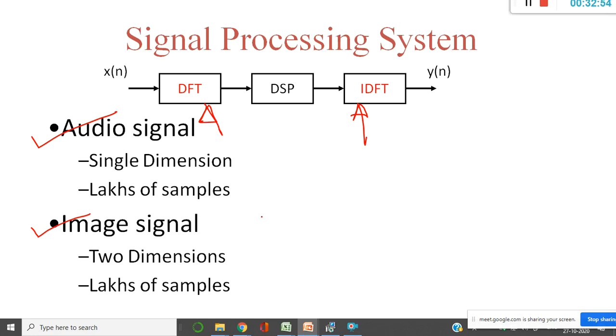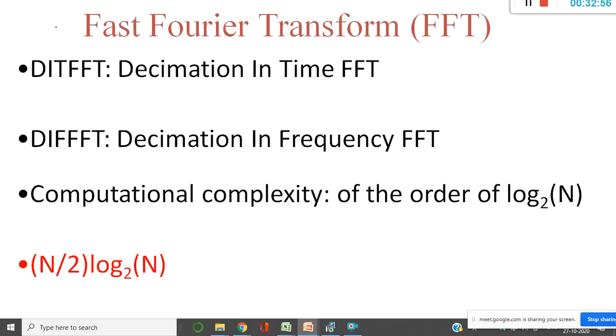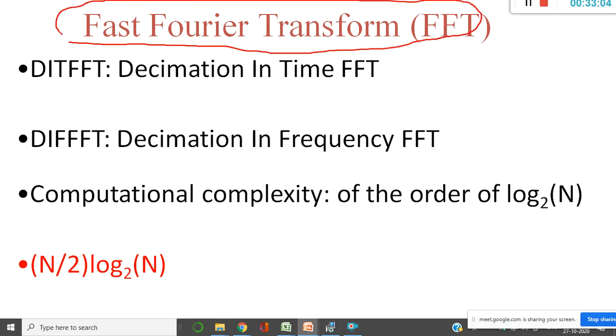Apart from that, second, as an engineer, what we do is we go for algorithms. That technique we call the fast Fourier transform, FFT. From DFT, we are coming to FFT. The concept is the same, but the only thing is we try to reduce the number of complex multiplications and additions.